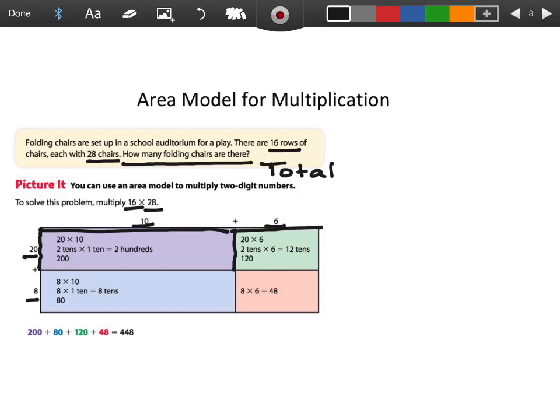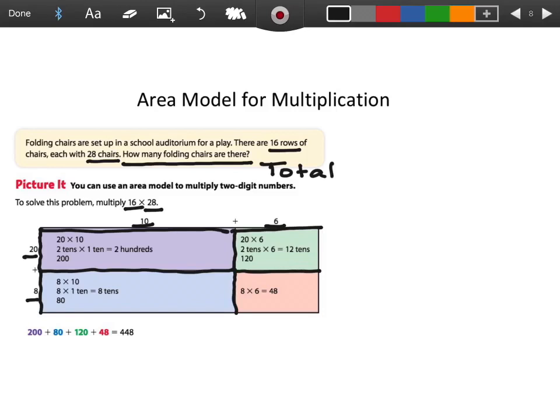Now I move on down, and I've got to multiply 8 times 10. And 8 times 10 is 8 times 1 ten, which equals 8 tens, and that has a value of 80. And then I have a side of 8 and a width of 6 for this last box, and 8 times 6 is 48.